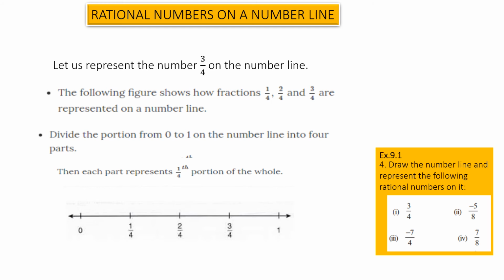Then each part you can represent as negative 1 by 8, negative 2 by 8, negative 3 by 8, negative 4 by 8, negative 5 by 8, negative 6 by 8, negative 7 by 8, and then it becomes negative 8 by 8, which is equal to negative 1. And you can mark the point negative 5 by 8. Similarly, you can try the remaining questions also.